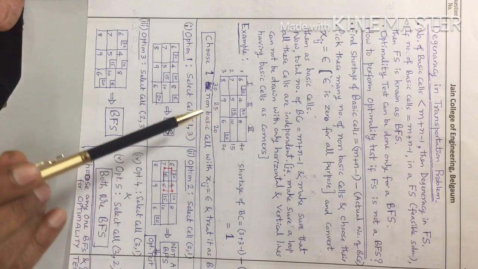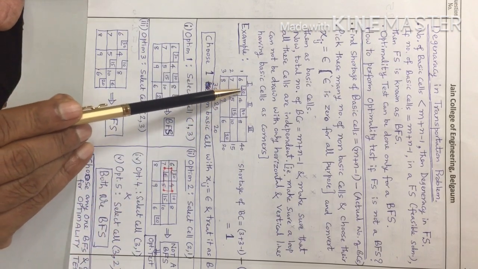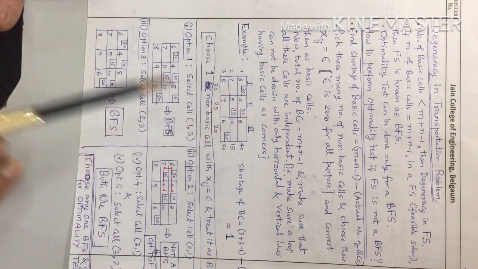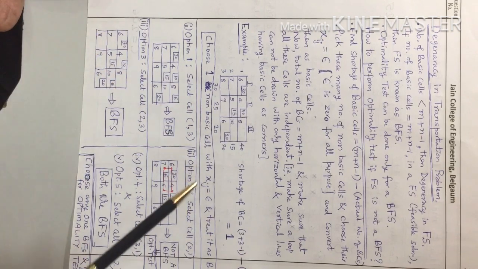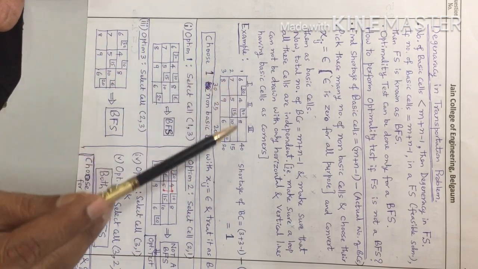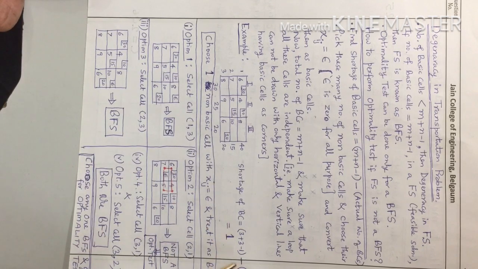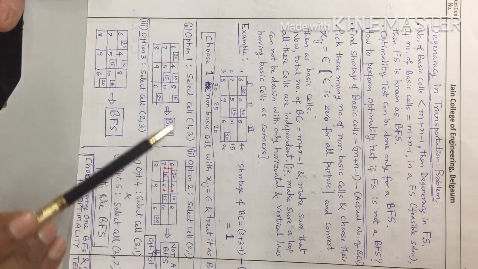I count the number of basic cells: 1, 2, 3, 4. There are only 4 basic cells, and m is 3 and n is 3. Therefore, 3 plus 3 minus 1 minus 4 is equal to 1. So there is a shortage of one basic cell for this feasible solution to become a basic feasible solution.